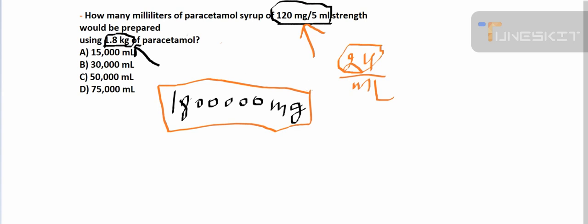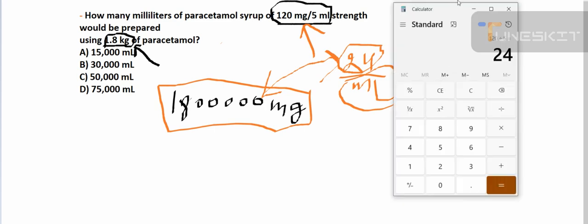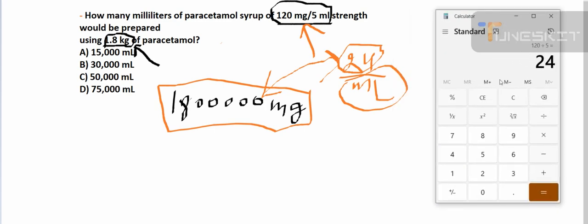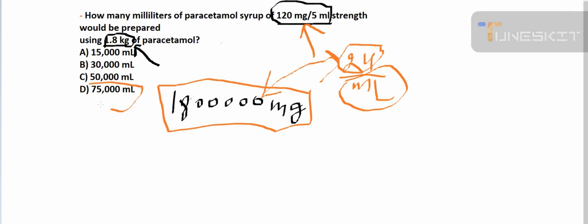You have to just divide these two values to get mLs. So the answer is 75,000, which is the correct answer.